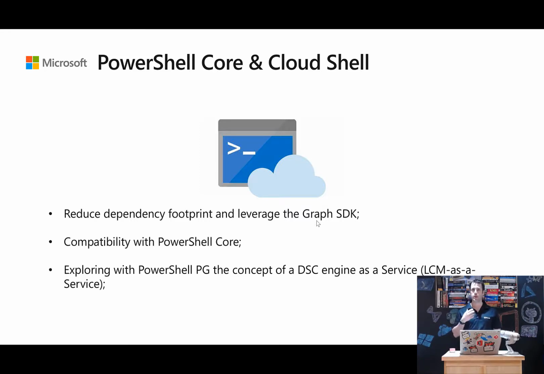My vision and the team's vision is that we can actually run Office 365 DSC directly in the Azure Cloud Shell. But for this to happen, we need to make sure that everything migrates over to PowerShell Core, including all the underlying dependencies.